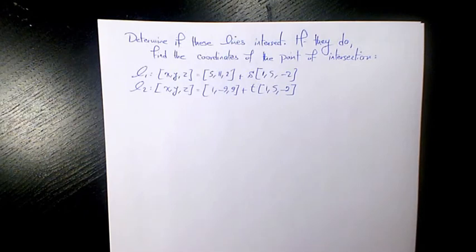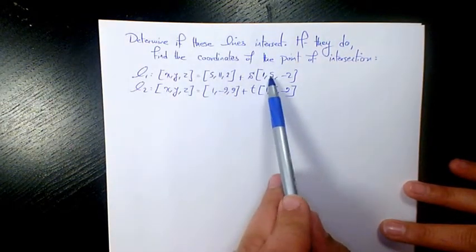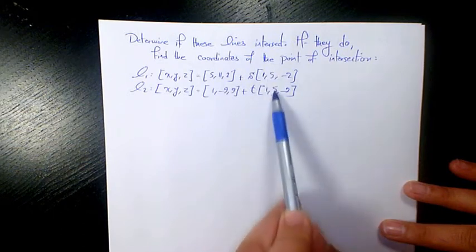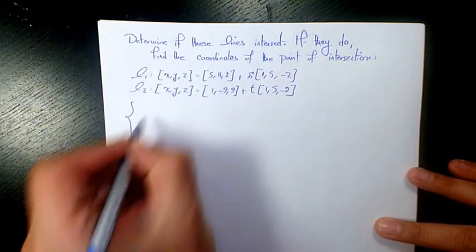So next example: determine if these lines intersect. If they do, find the coordinates of the point of intersection. We have two lines here. As you see, they have the same direction, so they are parallel. So we have two scenarios.